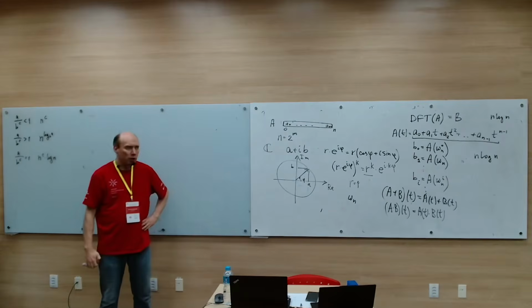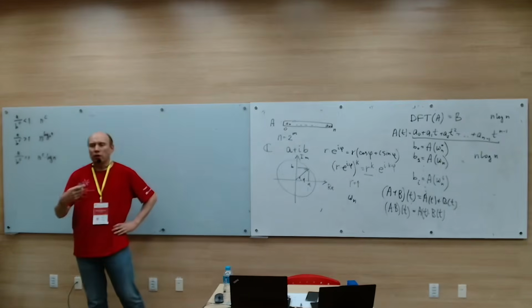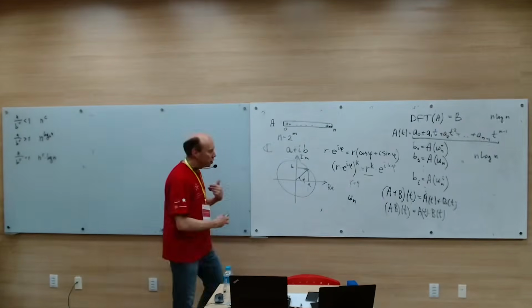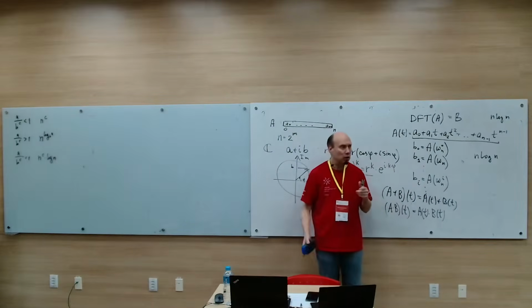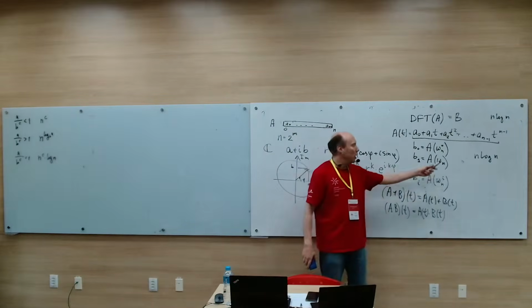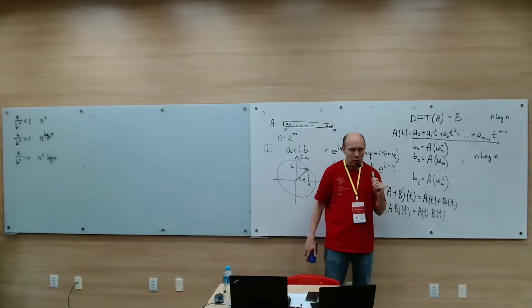So the only missing thing now is the fast algorithm for calculating DFT, and this is where, again, everything that I have said so far can be applied to any n distinct points.